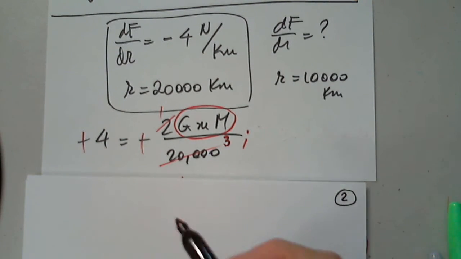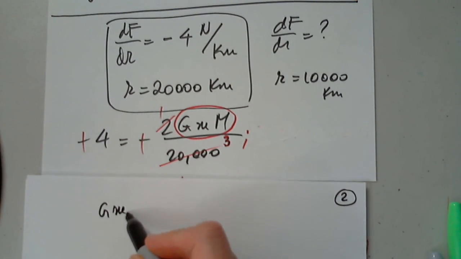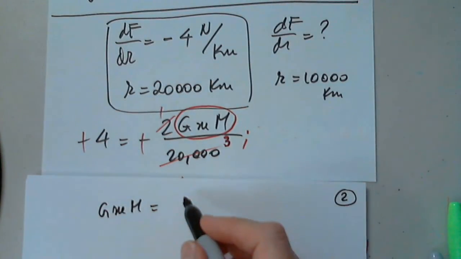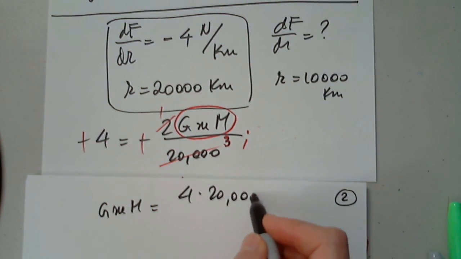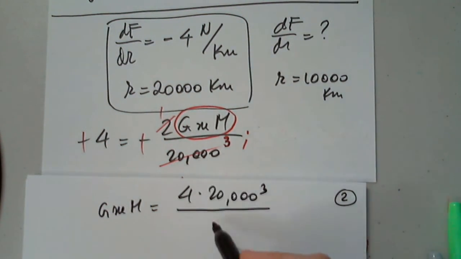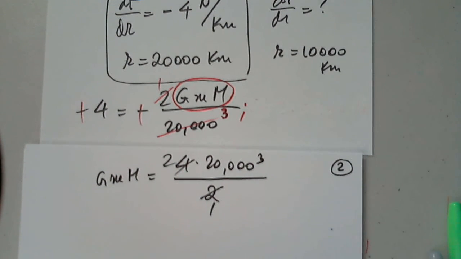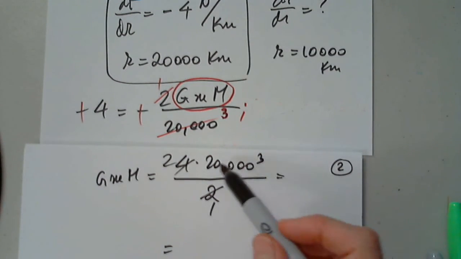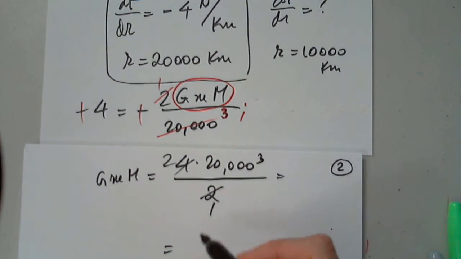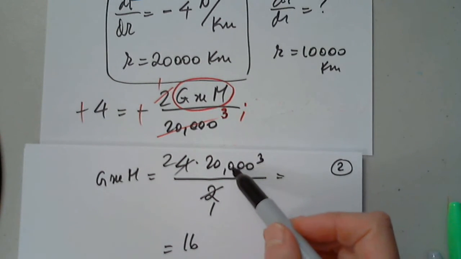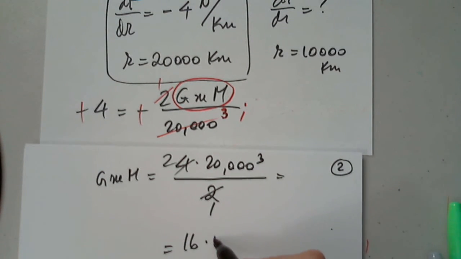That's my page 2. So then I have G times M, which is 4 times 20,000 cubed divided by 2. So 2 to the third is 8, 8 times 2 is 16, but I have 1, 2, 3, 4 zeros, so it's 10 to the fourth, also to the third.